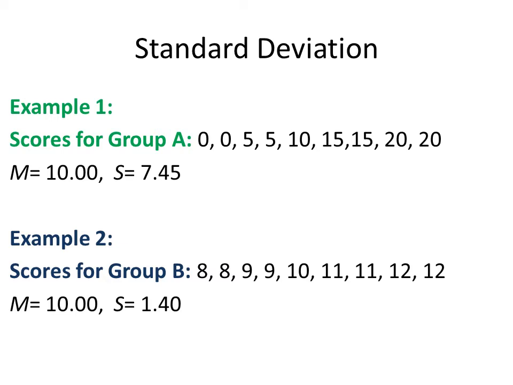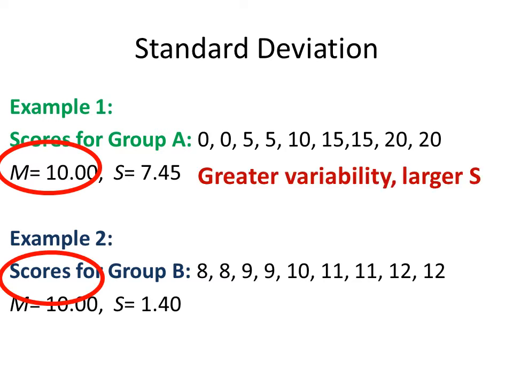But group A has the greater variability among the scores. The standard deviation for group A is 7.45, whereas for group B it is 1.40. So group A clearly has the larger standard deviation and thus greater variability.